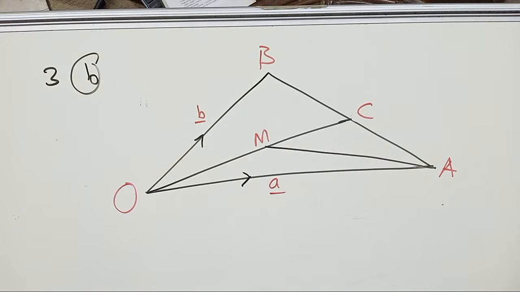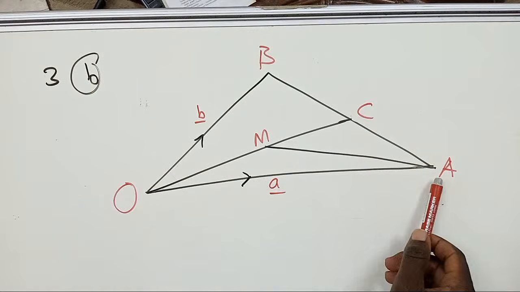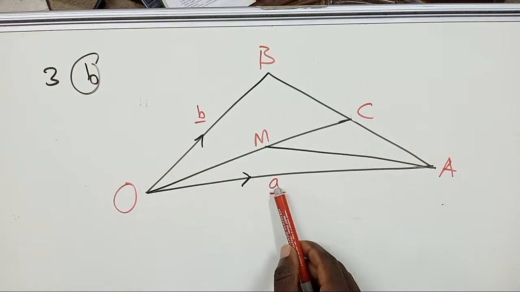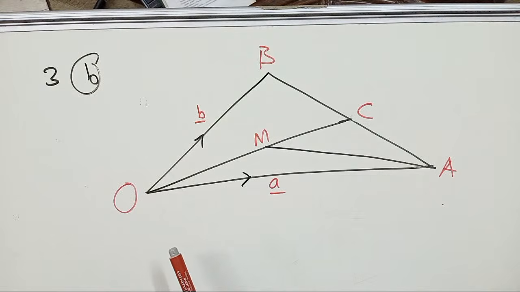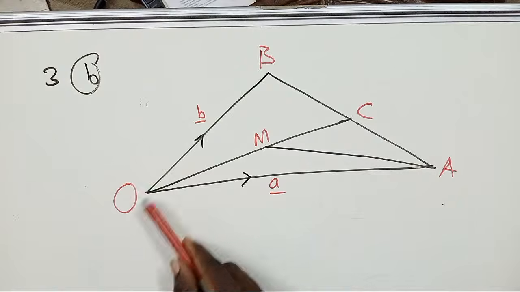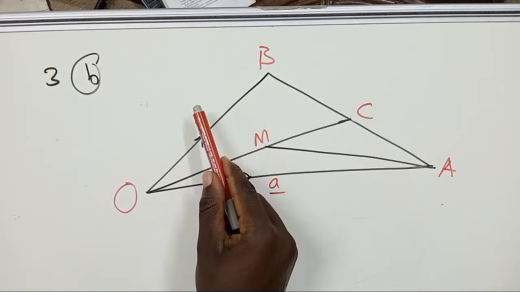Okay, so let me read the question for you. This is question 3B. In the diagram below, vector OA is equal to a, okay? And vector OB is equal to b.